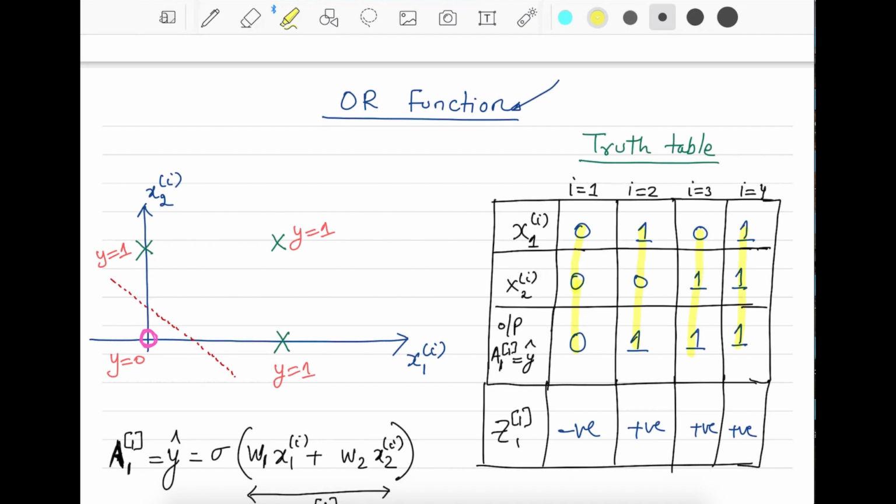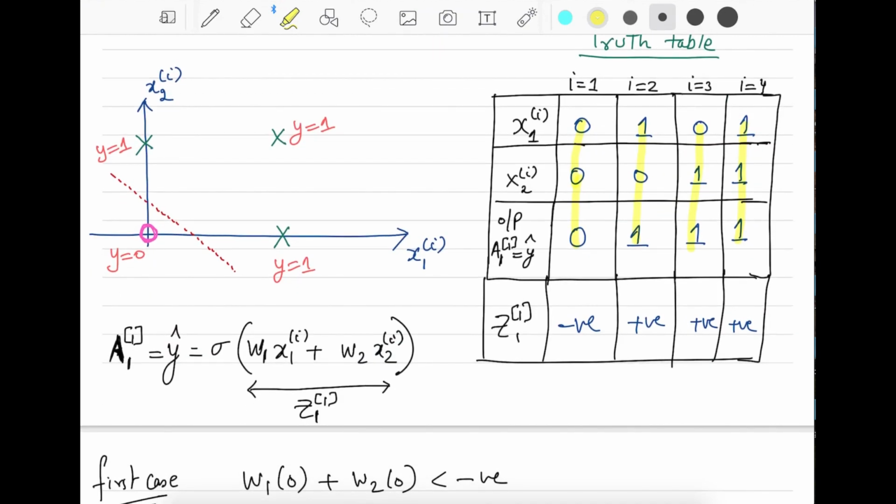As discussed last time also, you can see here this factor w1 x1 plus w2 x2. Please note I am not taking bias here. If bias is not there, then it will be w1 x1i and w2 x2i. So this is basically z11. What is the polarity of z11, which is over here? We discussed it last time also.